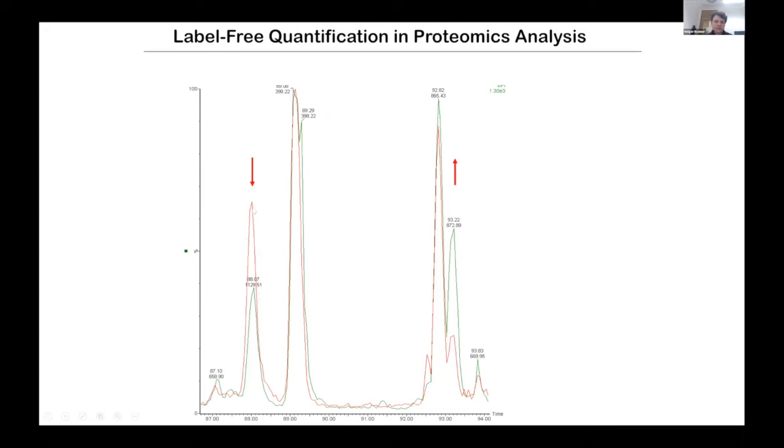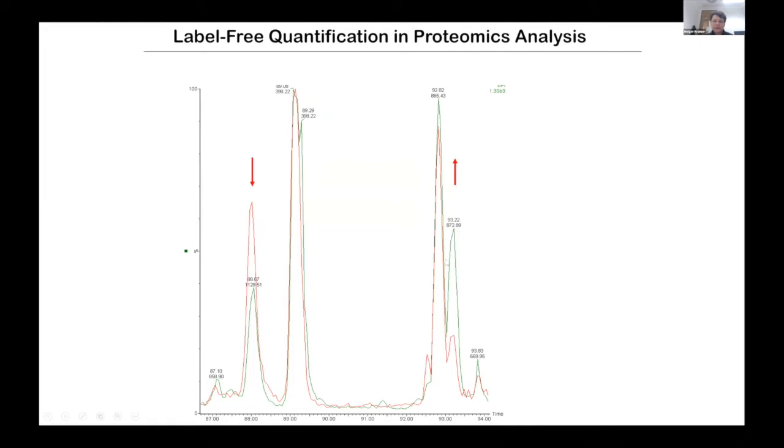Here we see one trace in red and one trace in green. For certain signals, certain peptides, we may have an increased intensity in the red sample, or in others an increased intensity in the green sample.